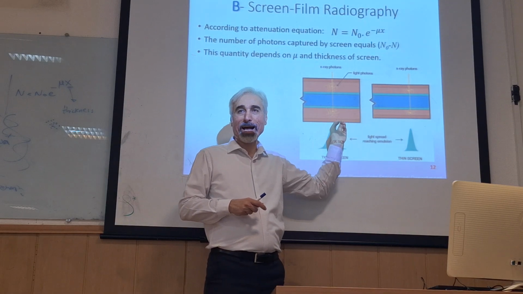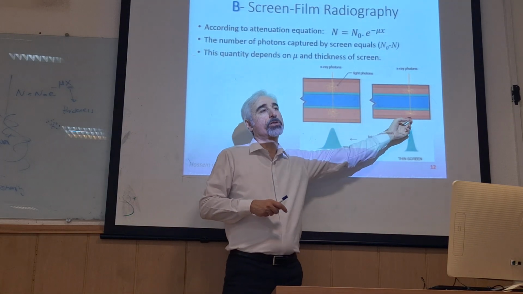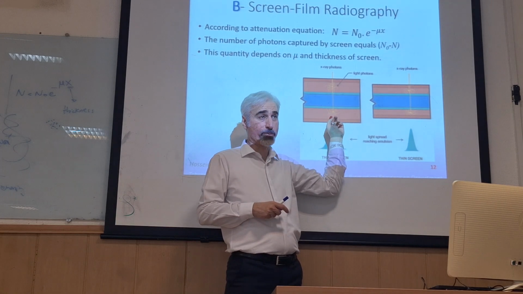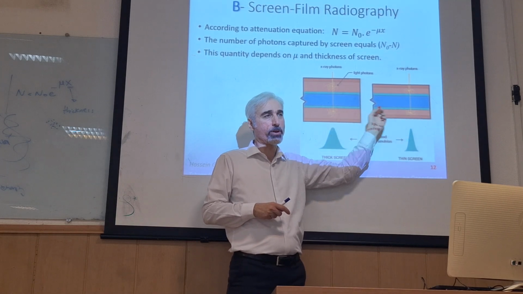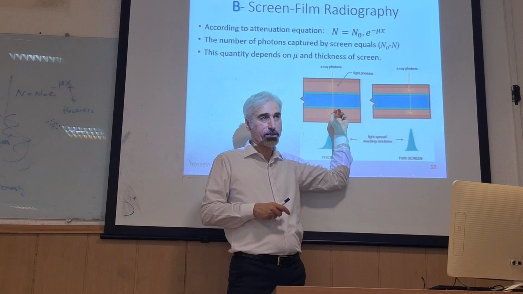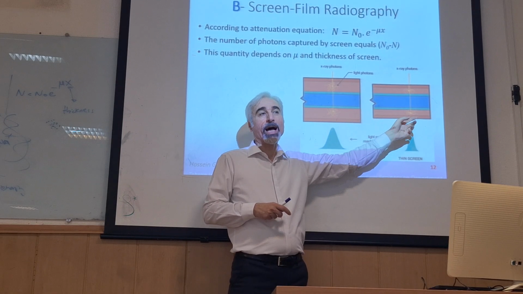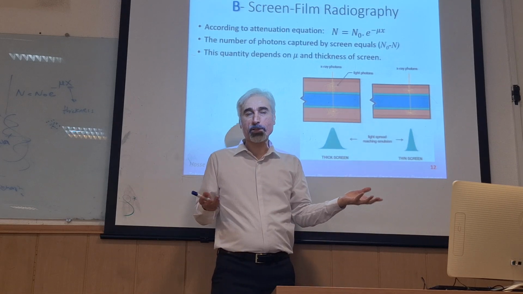Which one absorbs more photons, this one or this one? The thick screen will absorb more photons, the left one, more absorption. This one has less absorption. And absorption means detection, because it is a detector.